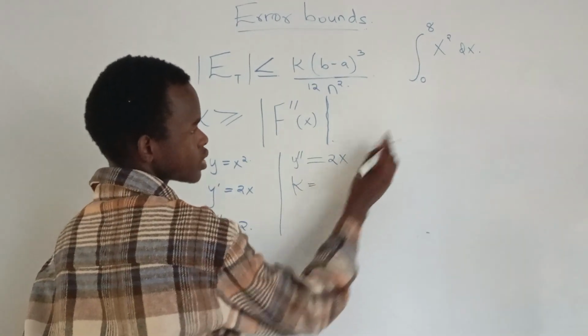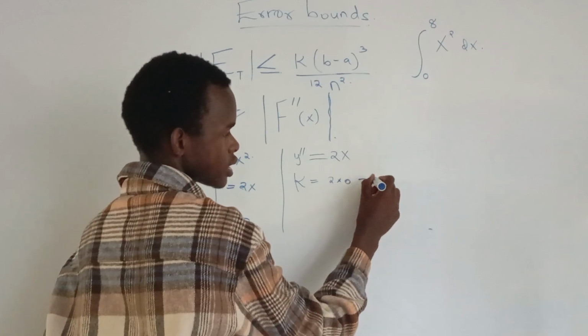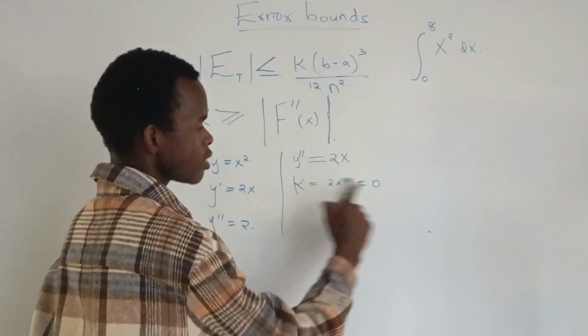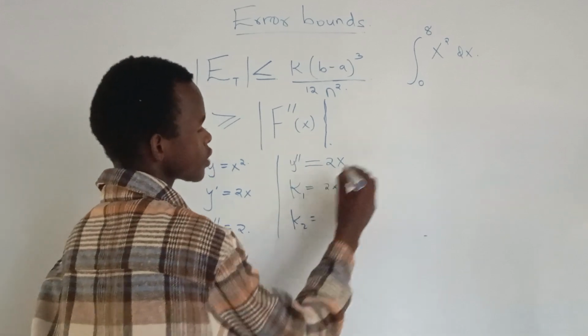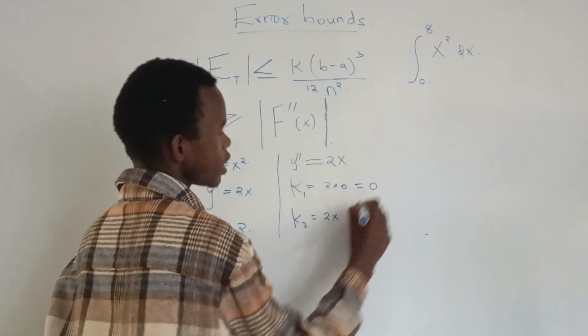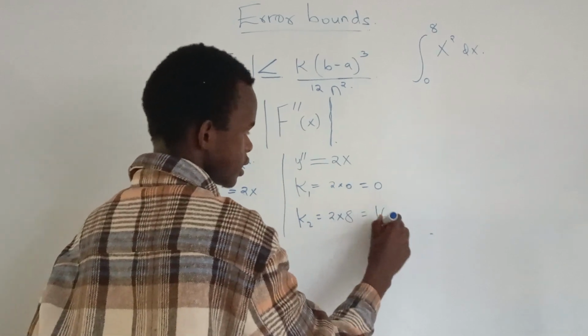I will substitute x with 0, so it will be 2 times 0, that answer will be 0. That's my first value of k. The second value of k will be 2 multiplied by b, that is 8, so I'll get 16.